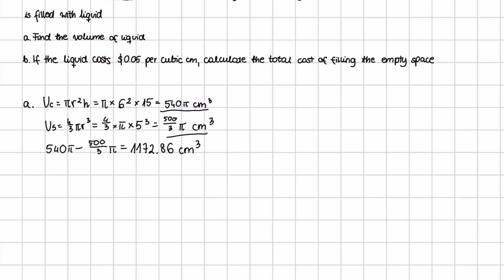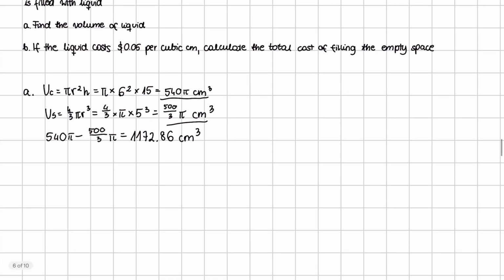B. If the liquid costs $0.05 per cubic centimeter, calculate the total cost of filling the empty space. So we can do it in any way you want. I think that the easiest one is to make proportions.